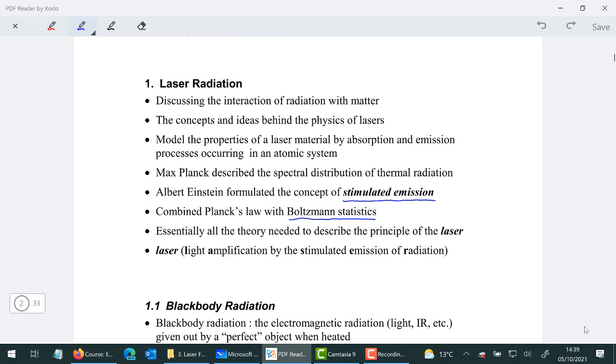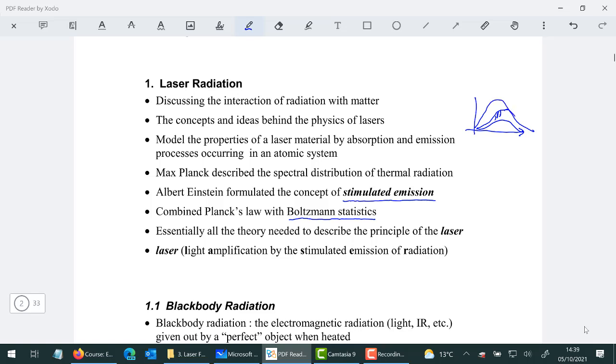And so at relatively low temperatures, you might get lots of red light, and then as you heat up the piece of steel, the piece of metal further, you might get more red, yellow and orangey light, and then as you heat it up even further, then you'll get more blues and greens.